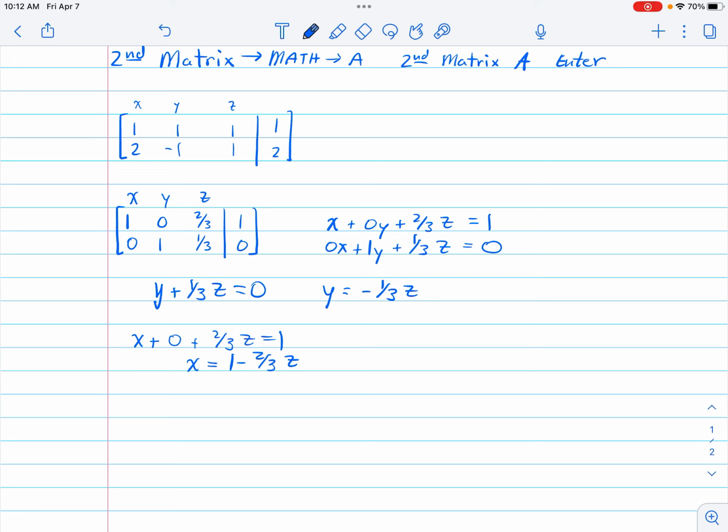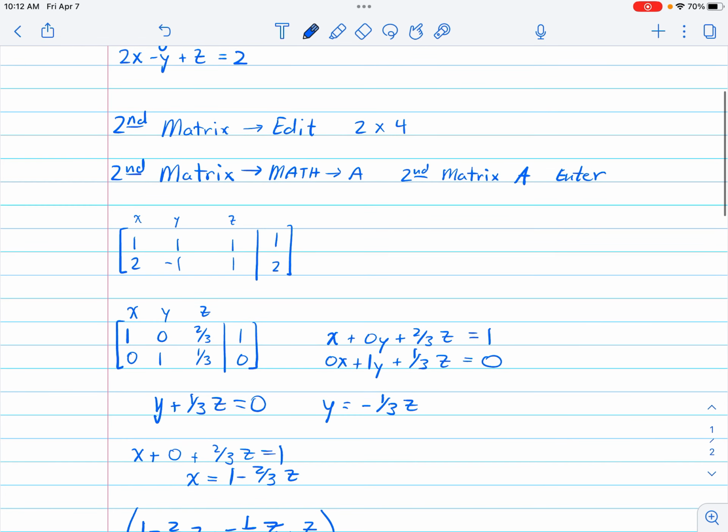So here's my solution. As far as the x value, it's 1 minus 2/3 z. That's what the x is. The y is negative 1/3 z, and the z is just itself. So in other words, there are an infinite number of solutions for this system of equations.